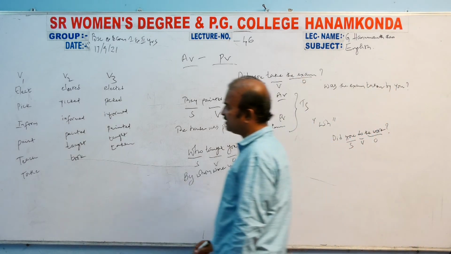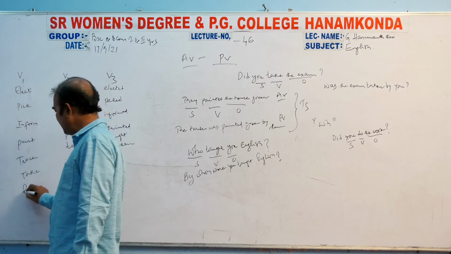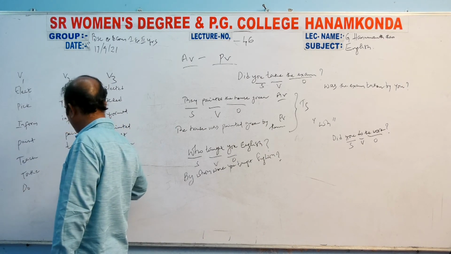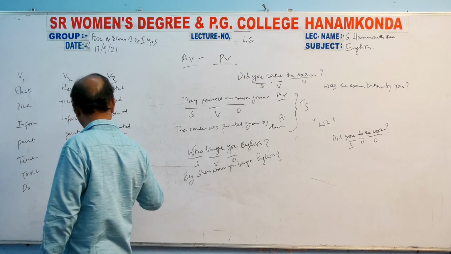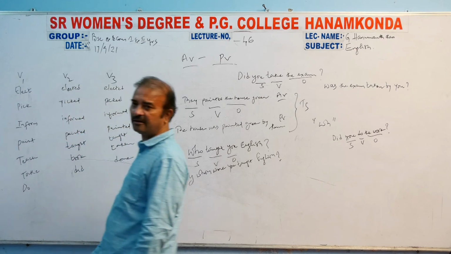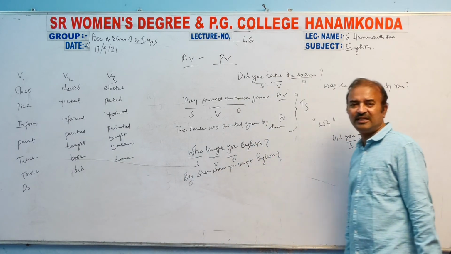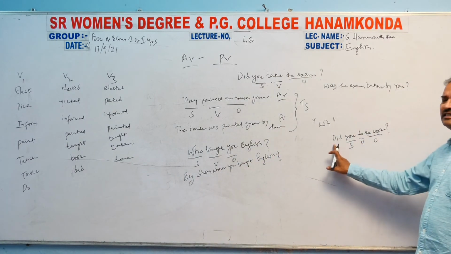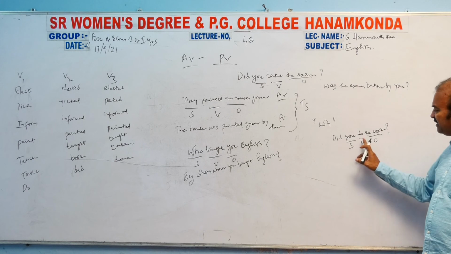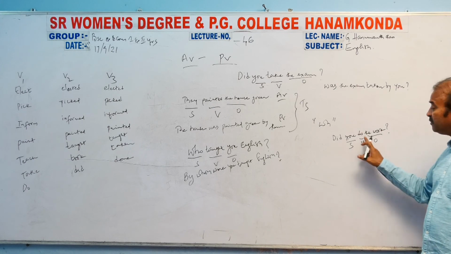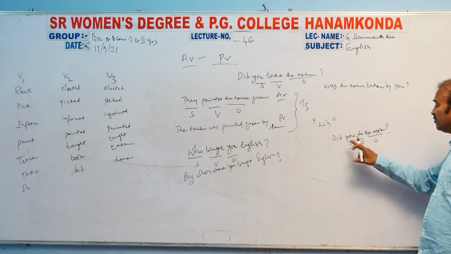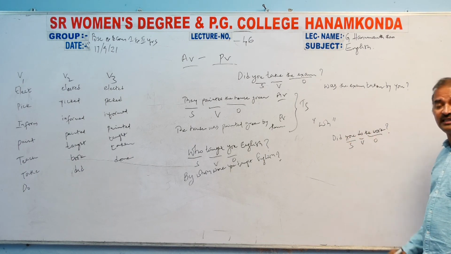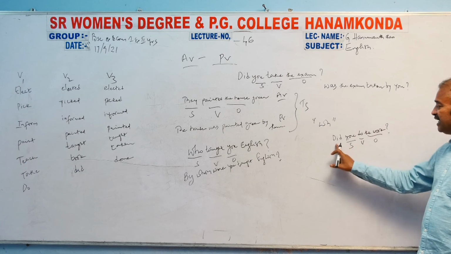Now let's check this one, girls. Do, did, done. Now check this. Did is the past tense. And this is the verb here. When did is there, the verb should always be written in V1 form only. So that's why, did you do the work? This is right.